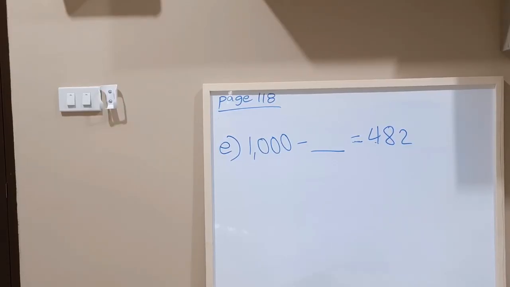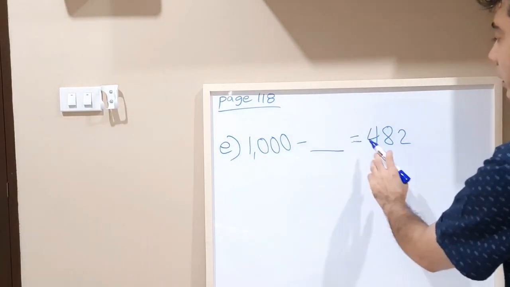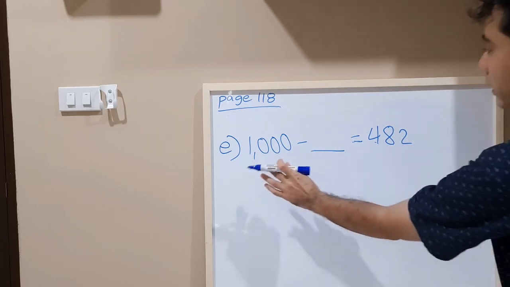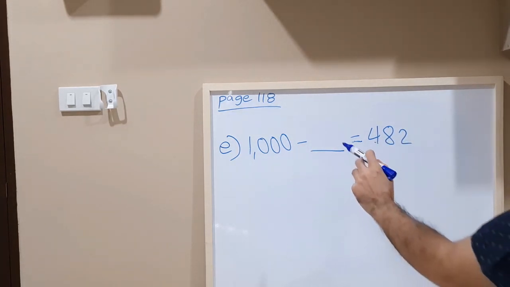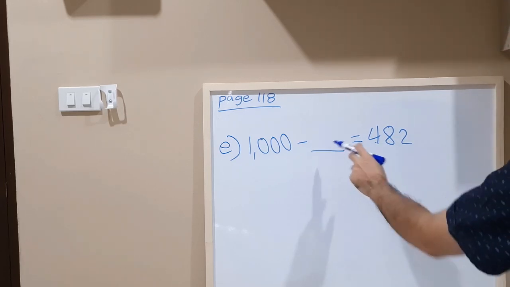Okay, let's do letter E. 1000 minus blank will give you 482. So if you subtract these two numbers, the answer is 482. But the second number is empty. So let's try finding the number.